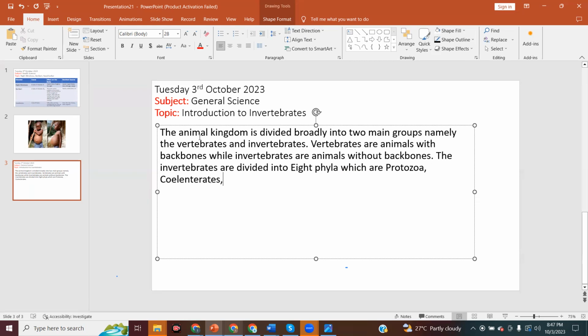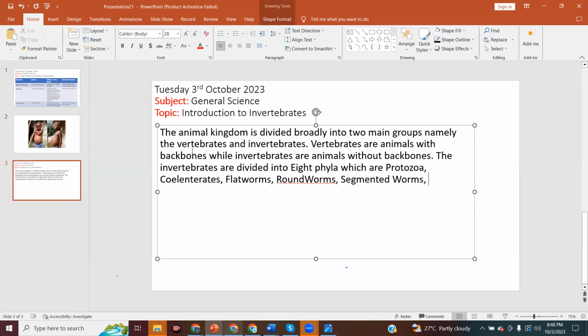Then you have the flatworms. You have the roundworms. You also have the segmented worms. I forgot how to pronounce it. Segmented worms.